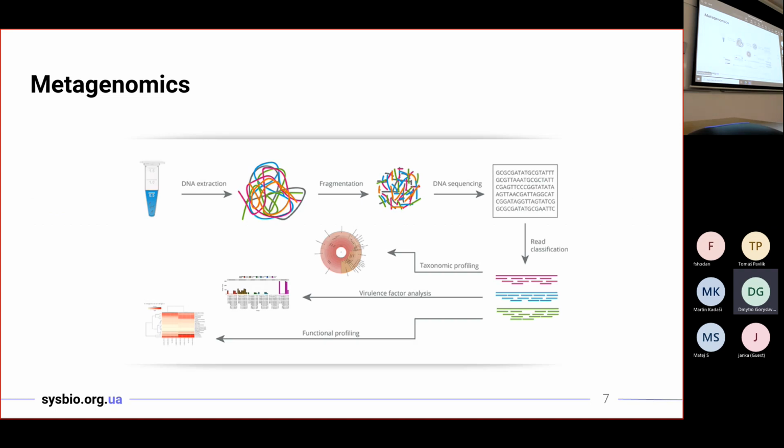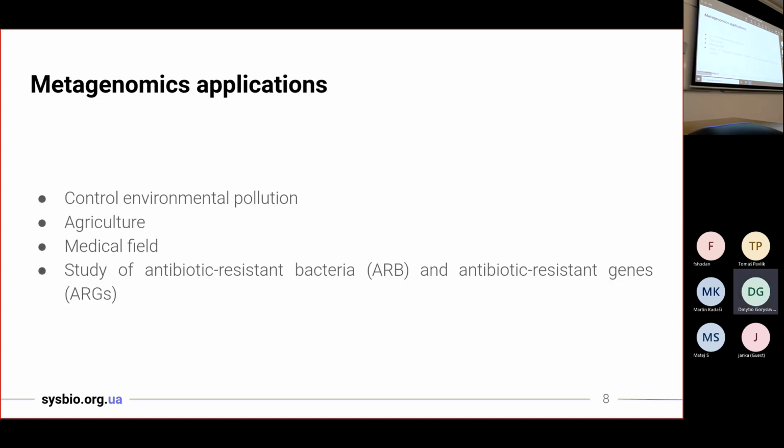Here you can see the typical pipeline of metagenomics. The first step is to extract DNA, then those strands are fragmented and sequenced, which results in a big number of relatively short sequences, which can later be used for different purposes, depending on the type of study that you are conducting. Here are some applications of metagenomics.